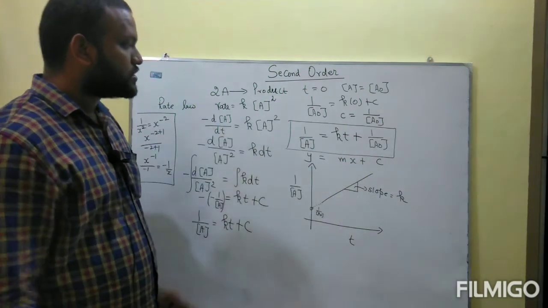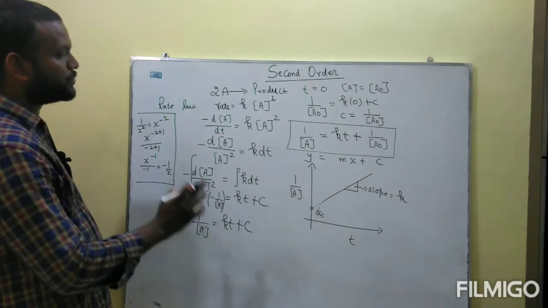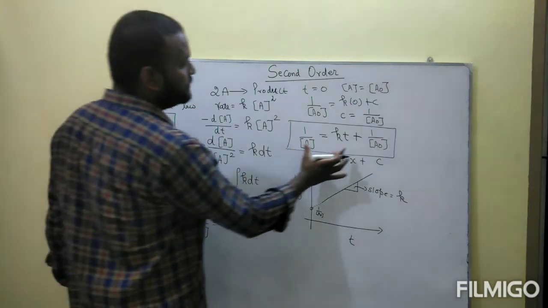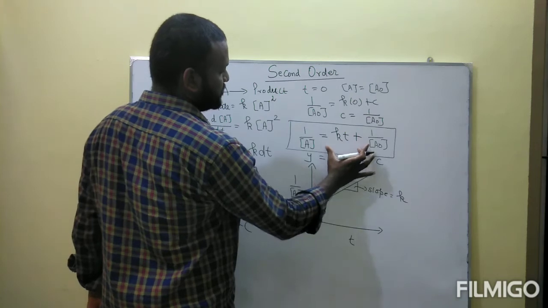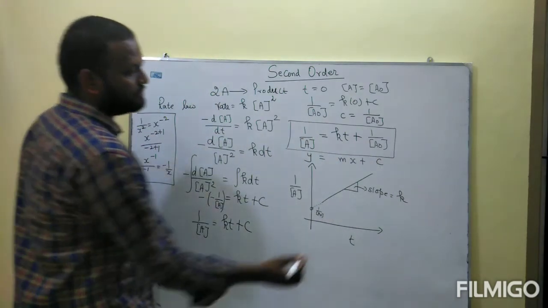This is the integrated rate expression for your second order reaction. You should know how to derive this second order rate constant expression and the graphical representation.